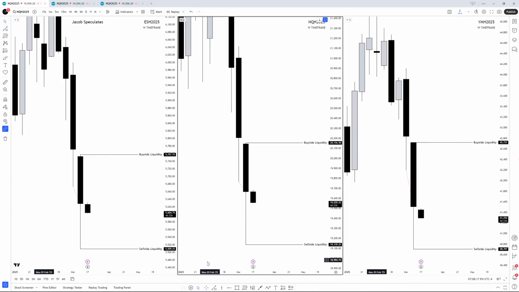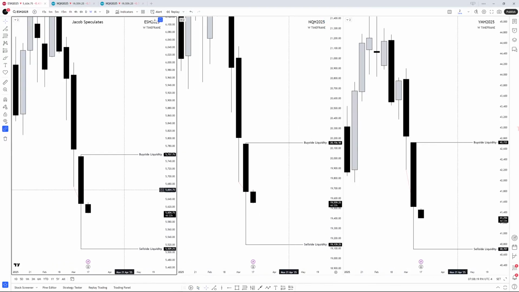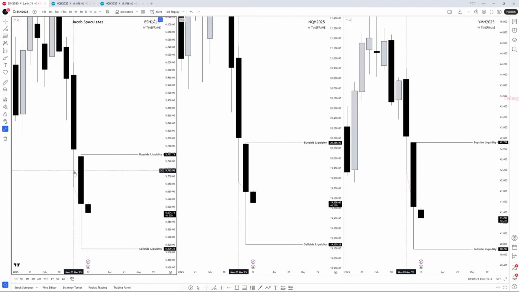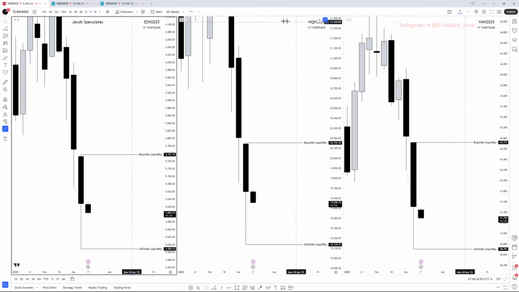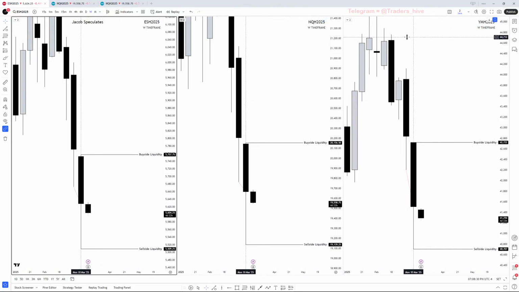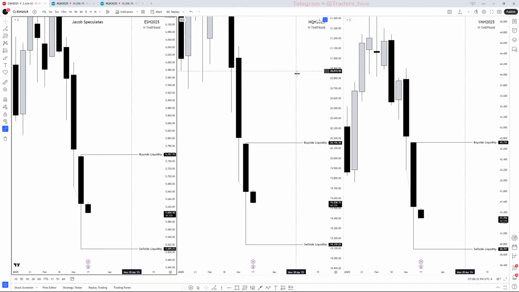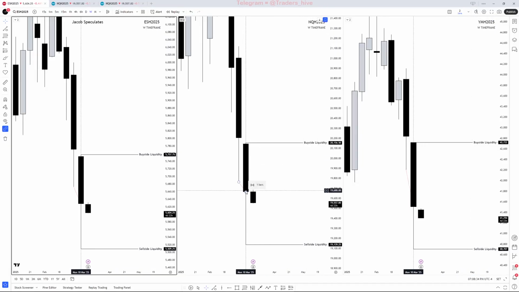So now we're getting a little bit deeper. Comparing this candlestick's wick to the close of this candle, as you can see, if you look at it on all of the assets, the NASDAQ was the one that closed closest to its previous week's wick, while the S&P is kind of the one in the middle, and the Dow closed the most far away.